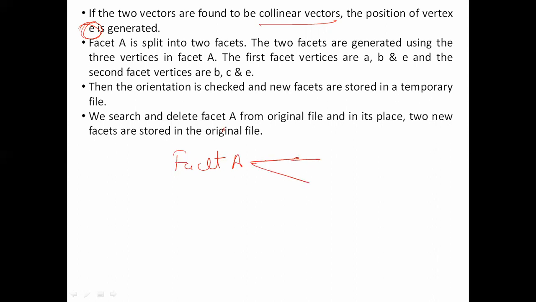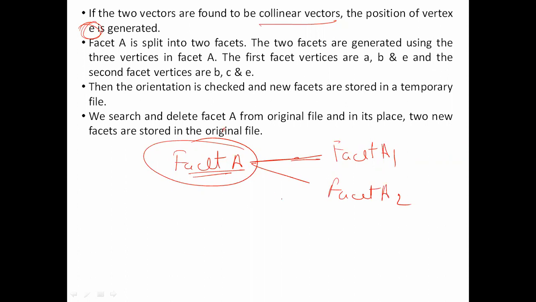in the original file you locate the facet A, remove this information, and store the information of facet A1 and facet A2, which removes the degeneracy developing in the system. So how do you remove degeneracy in a very generic sense?